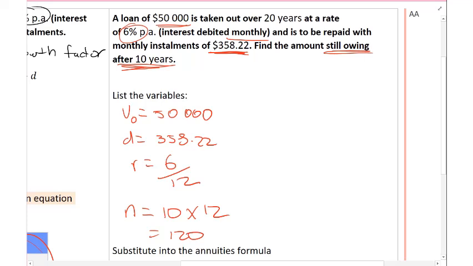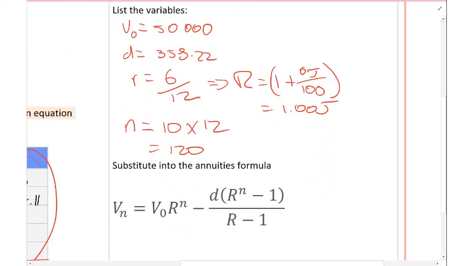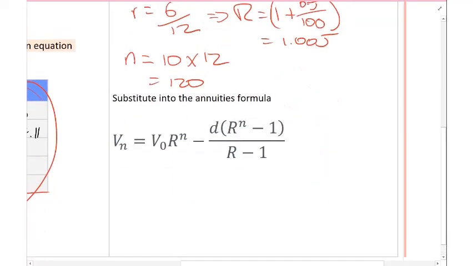All right. So from my r, I can get my big R, which is, remember, what you put in the calculator, 1 plus 0.5 over 100, which will give me 1.005.